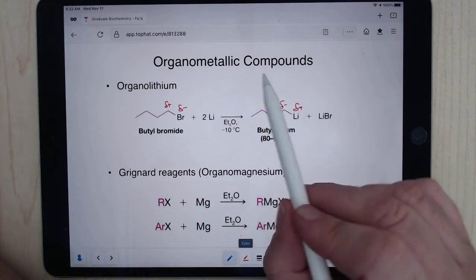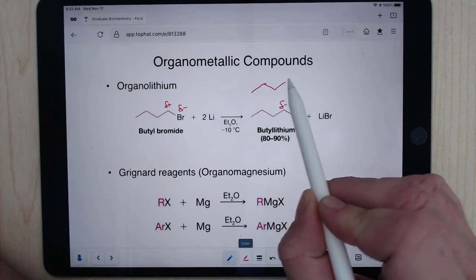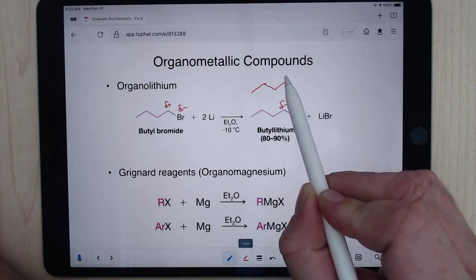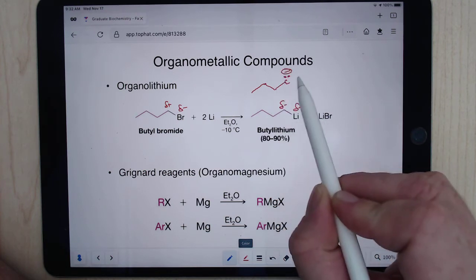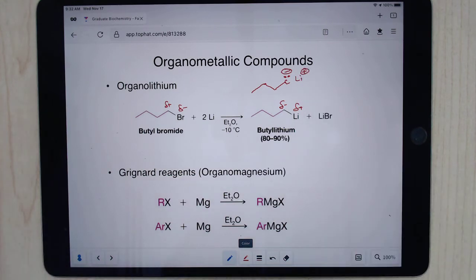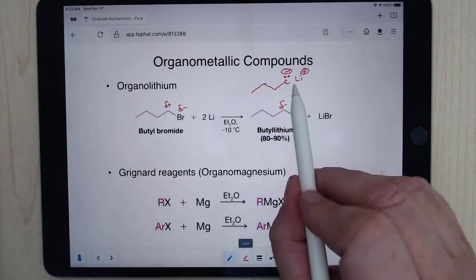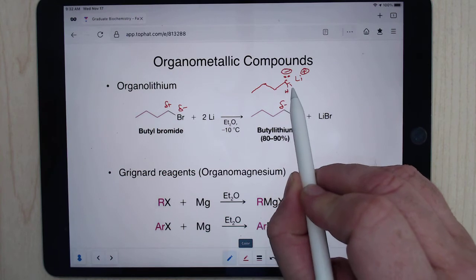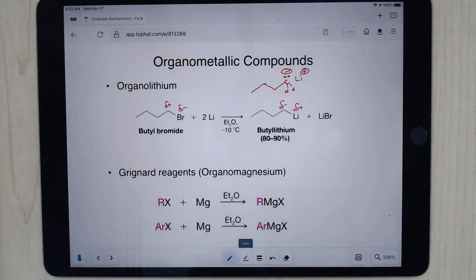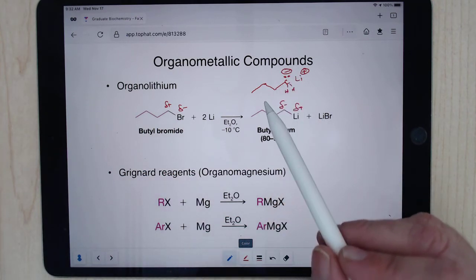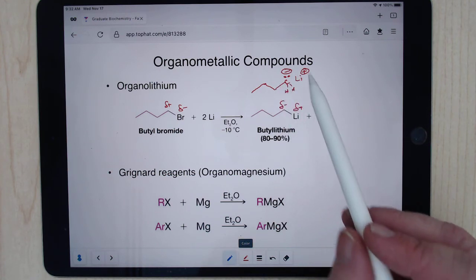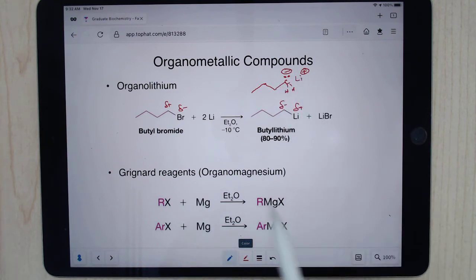And so you can think of this essentially as this carbon having a set of lone pairs with a lithium next to it. Well, this would be a CH2. So you can think about this as a nucleophilic carbon with a lone pair.